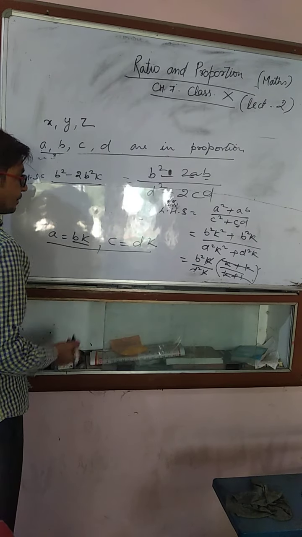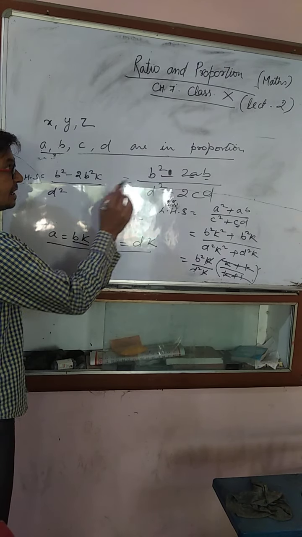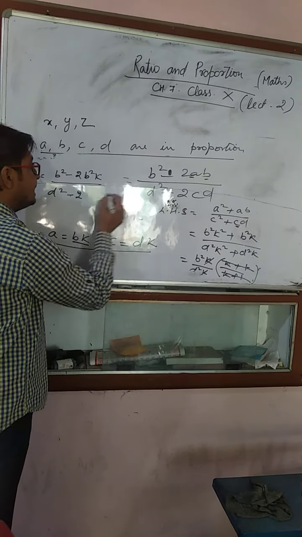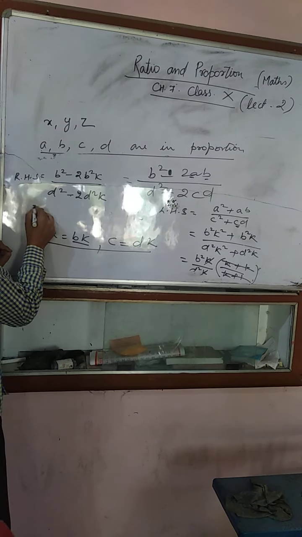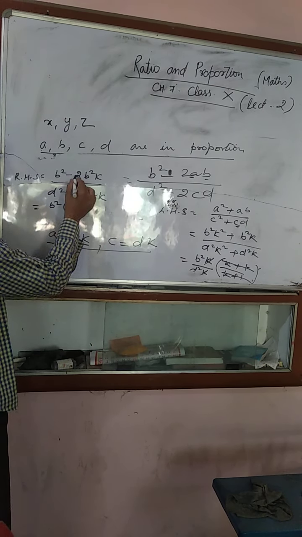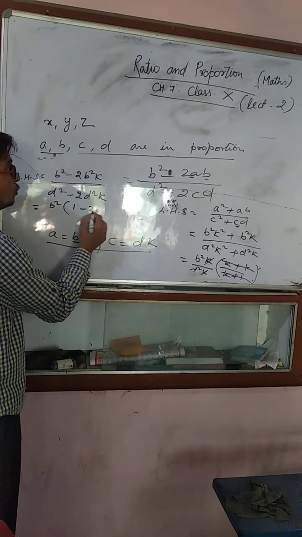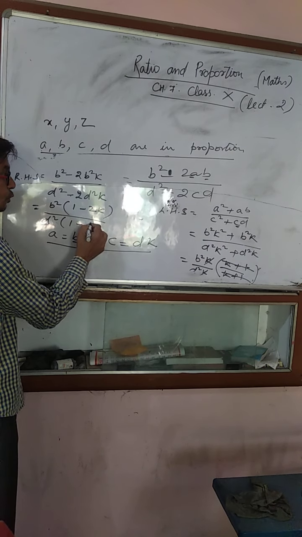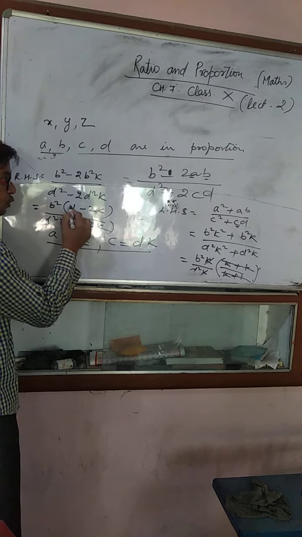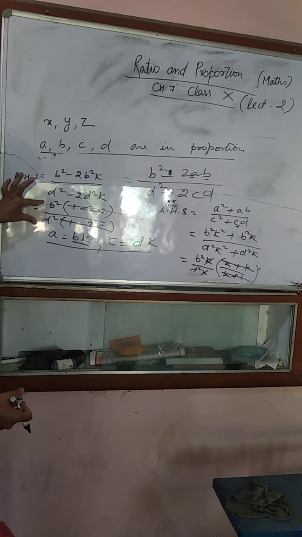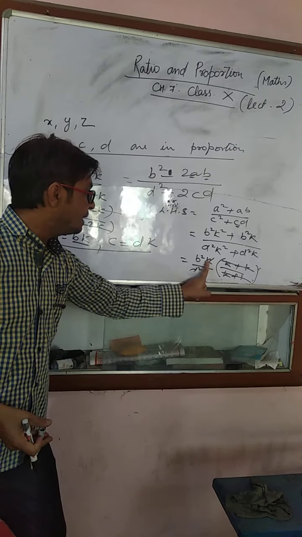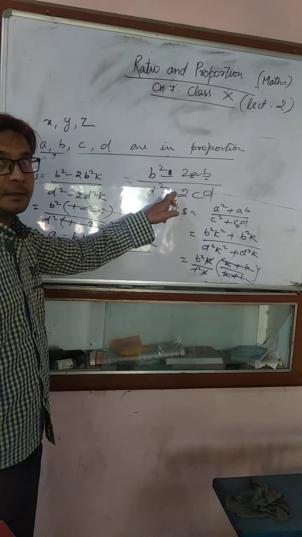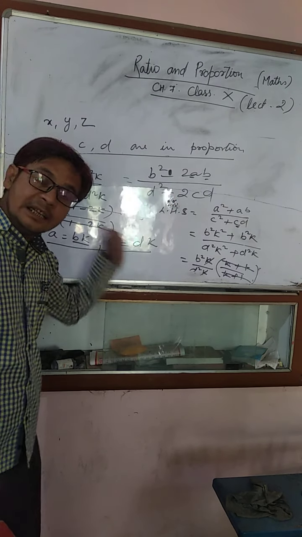After that, d square minus 2 into c, and c is dk, so d square k. Now take out common b square, and here it becomes 1 minus 2k, and here d square 1 minus 2k. Now these are cancelled out. It remains b square upon d square. So it is clear that LHS equals RHS. Hence it is proved.